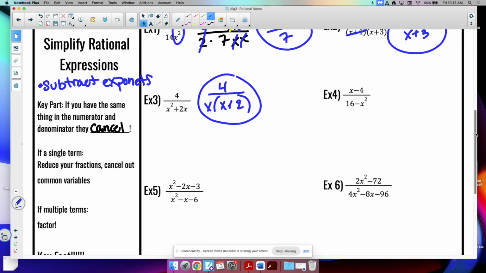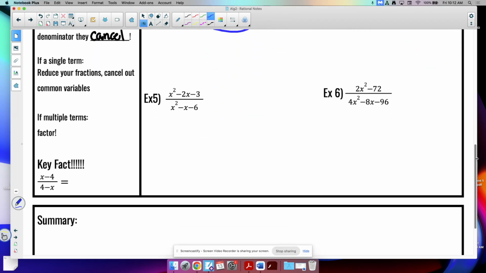Go to the bottom of this little column or whatever. This right here, put a big star, because if there's going to be something that you miss, it's probably going to have to deal with this. X minus 4 is already factored. And the bottom, do you see how it's backwards of what it normally is?